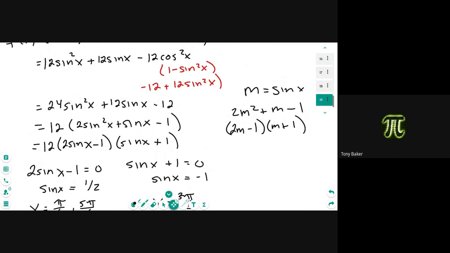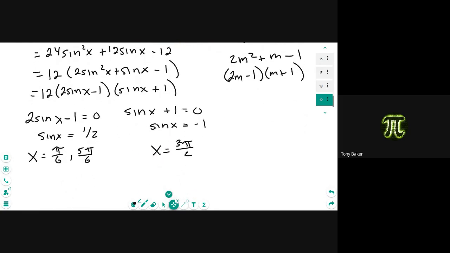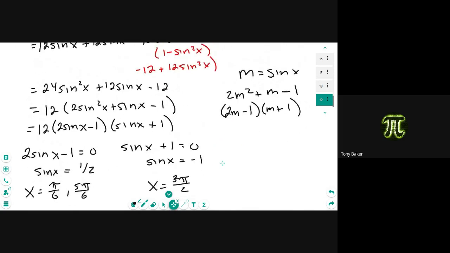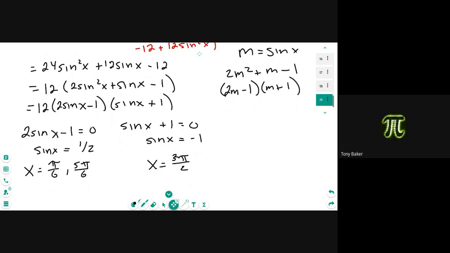If we plug in those values, pi over 2 is not an inflection point.